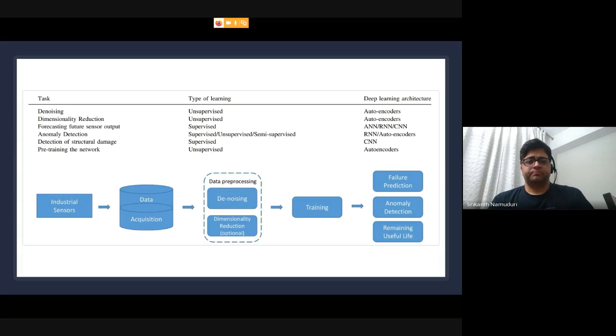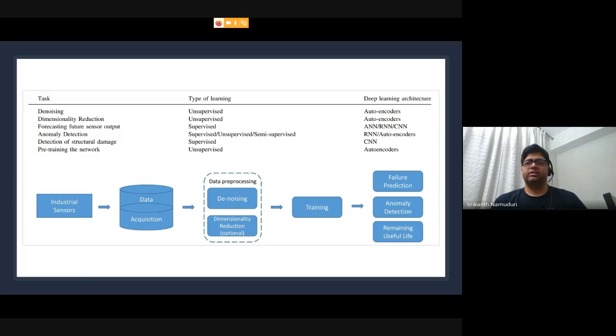Okay, so here, in the lower half of the slide, you can see the flow of the data starting with the sensors. Then we are doing data acquisition, and then there is a pre-processing stage where activities like denoising or dimensionality reduction are done, and then training takes place. When we collect data from the real world, such as an industry or a highway truck, the data is usually very noisy.